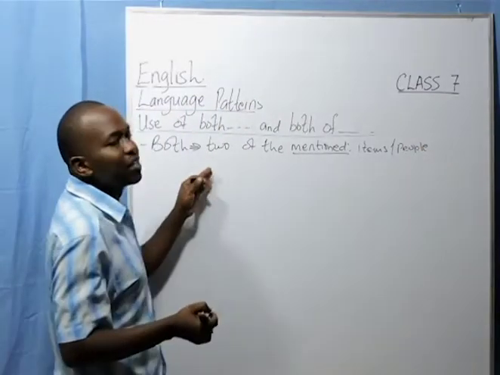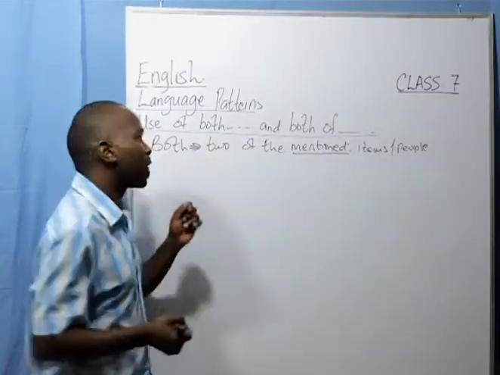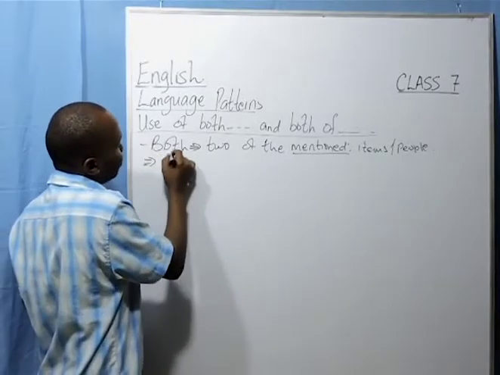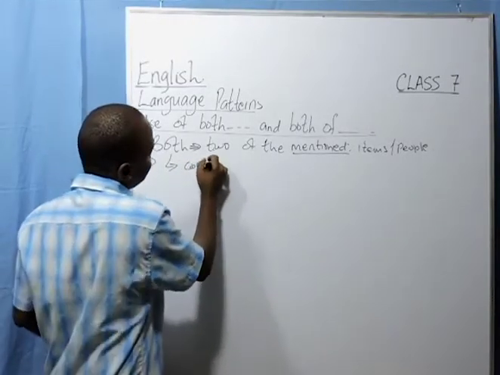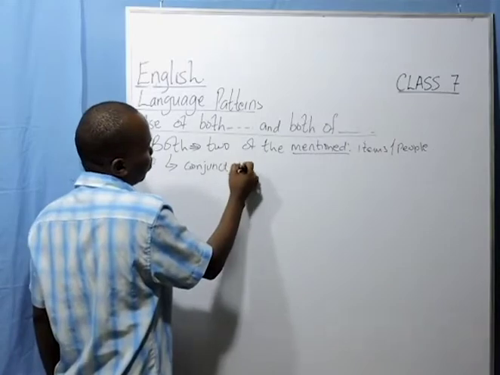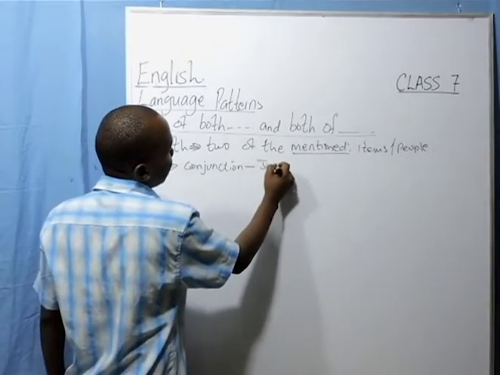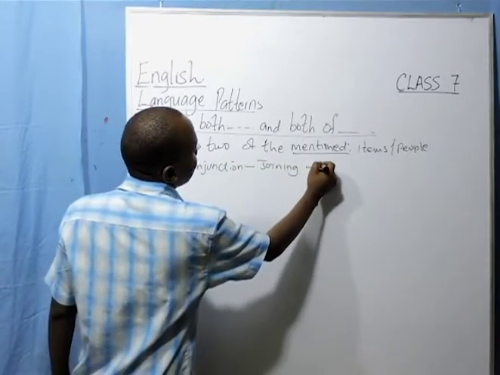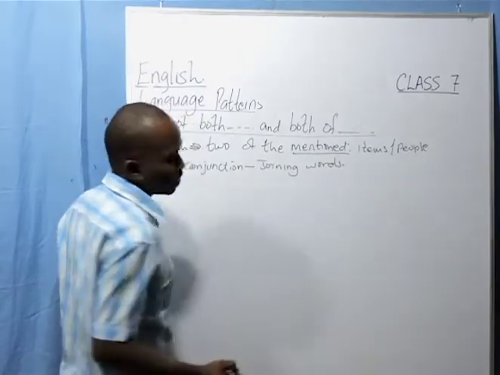So both means two. And it can be used as a conjunction. And you know, conjunctions are also called joining words. They're also called joining words.